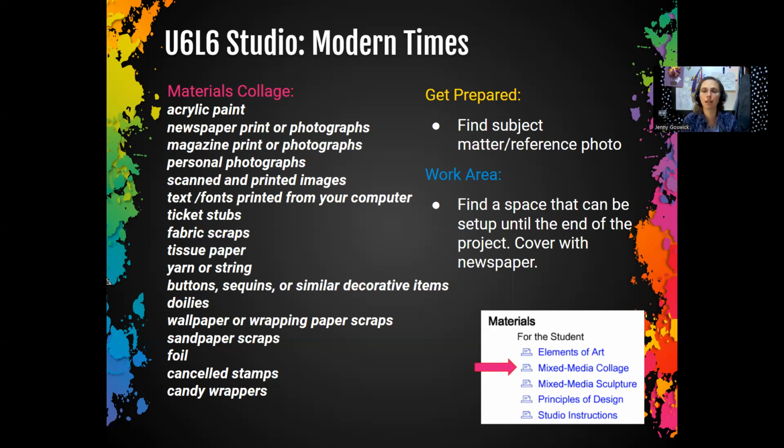You can cut apart and put sandpaper into your collage. Foil, like aluminum foil, or if you have craft foils in different colors, you can use that too. And candy wrappers and canceled stamps off of envelopes and letters and things like that also prove to be interesting. Another one that just popped into my head would be greeting cards. Cutting apart greeting cards to put it into your collage would be really interesting and helpful.